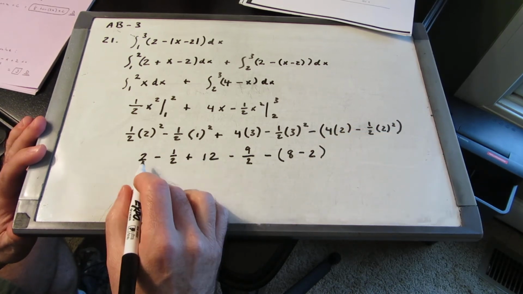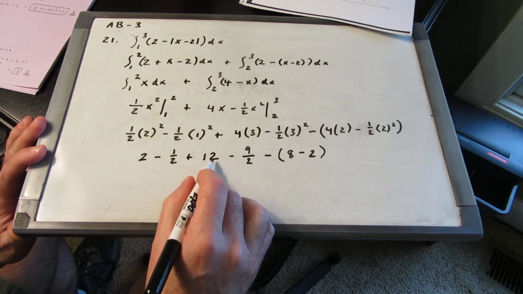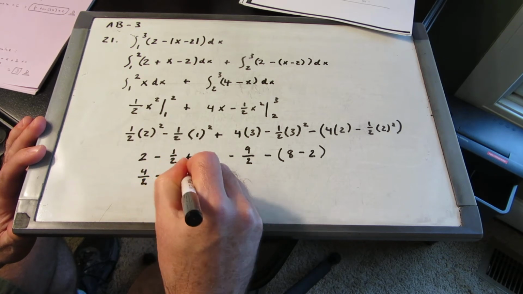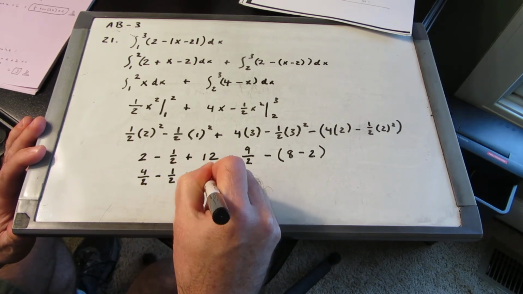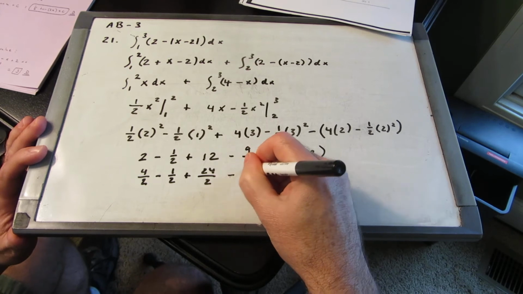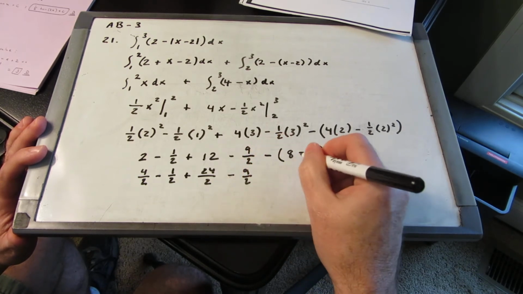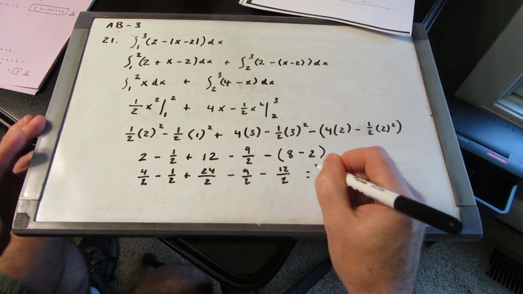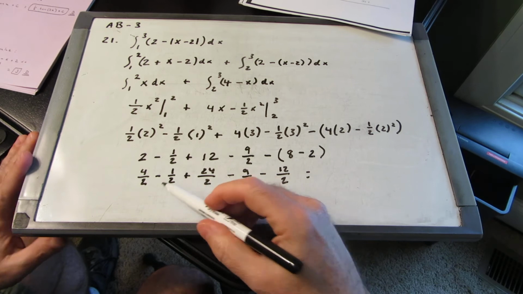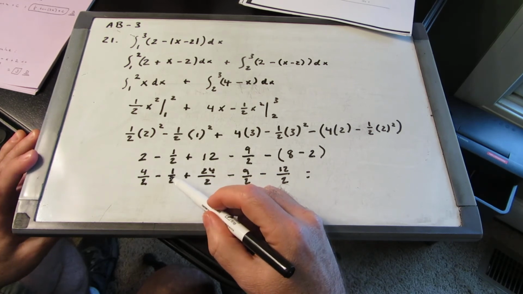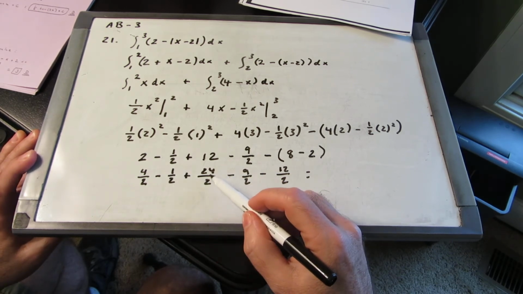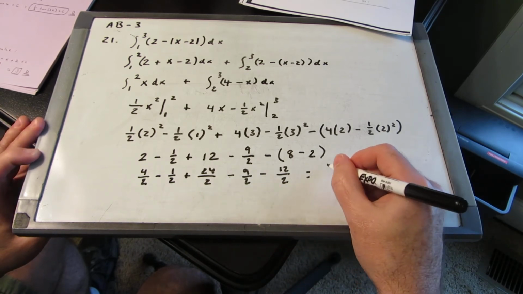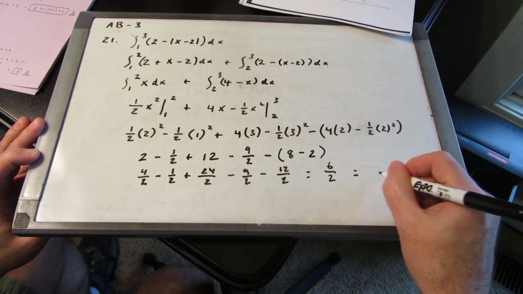If we can get all of this into halves, that'd be 4/2 minus 1/2 plus 24/2 minus 9/2, and then this is 6, so minus 12/2. So 4 minus 1 is 3, plus 24 is 27, minus 9 is 18, minus 12 is 6, so that's just 6 over 2, which is 3.